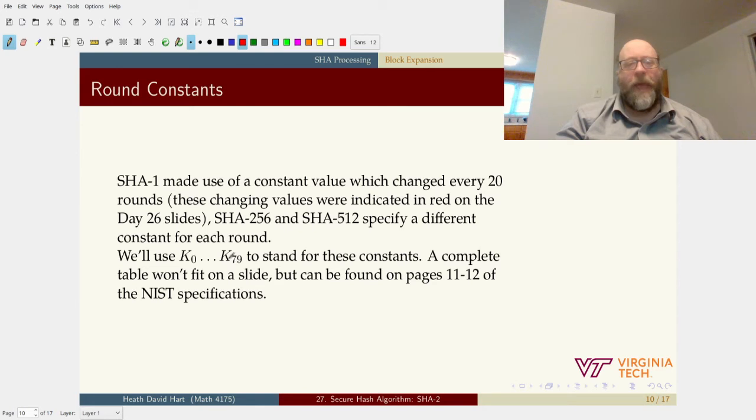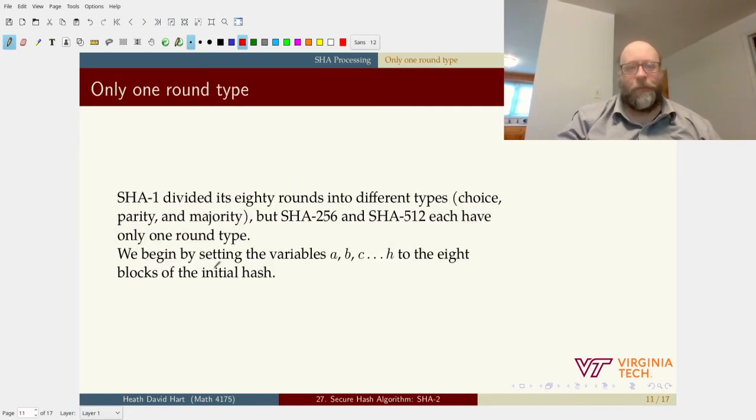So there can be up to 80 rounds, and the constants can be 64 bits long. And so we don't have enough room on this slide to show all of these constants. But if you want to look at them, they're in the NIST specifications. There's a table on pages 11 and 12 where you can see what these constants are. And I'll show you where they get used.